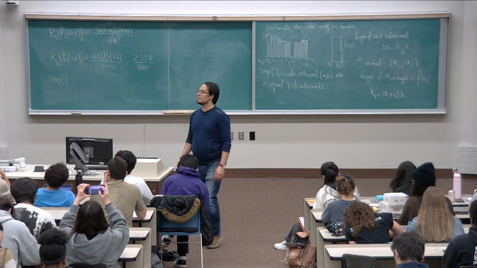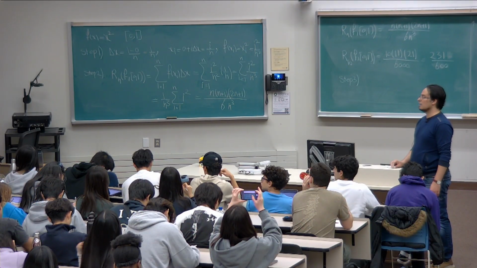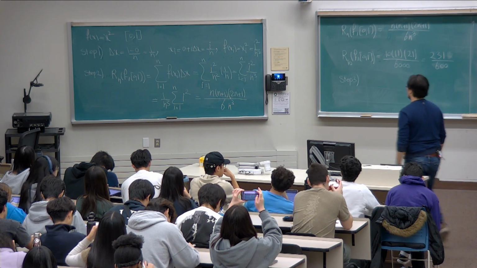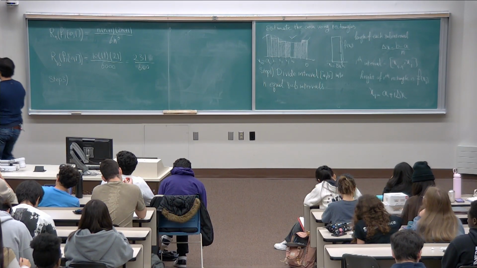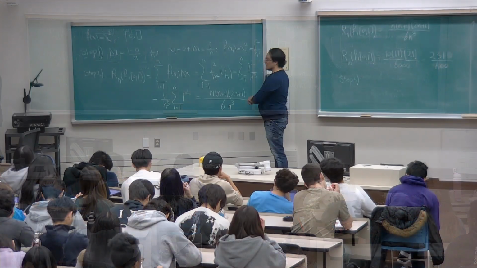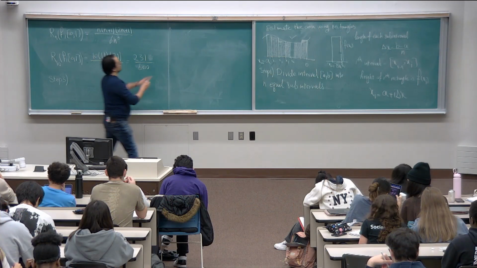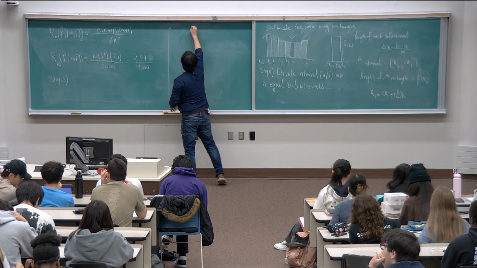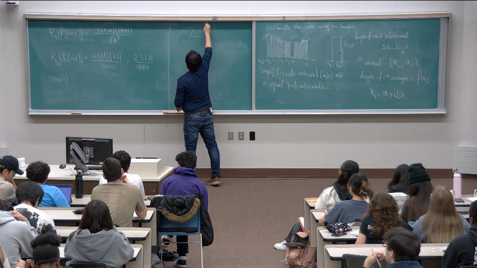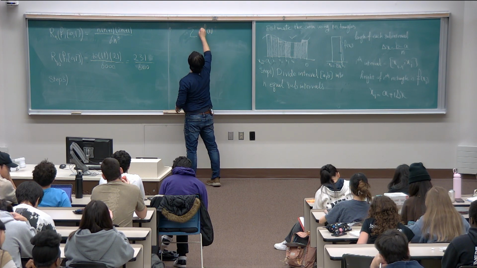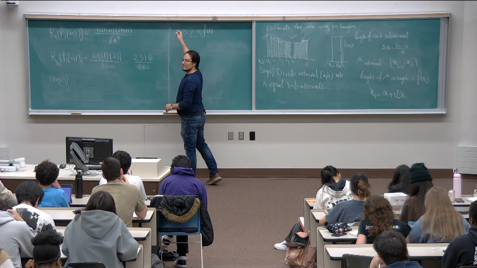Yes, please. What happens to the 1 over n cubed? When I am summing over, you remember there was this property that if I have a summation of f of i times c, this c can come out.